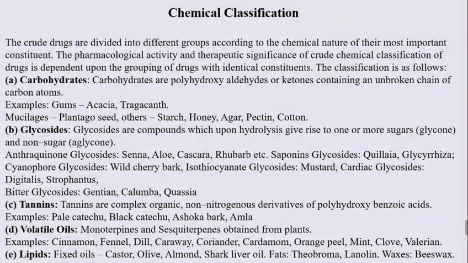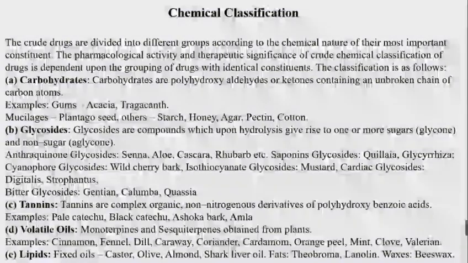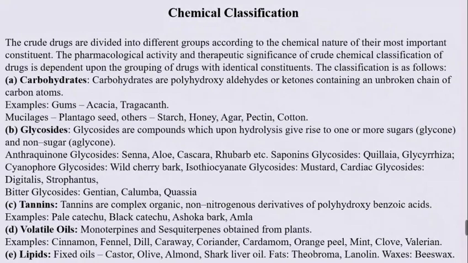We have different glycosides such as anthraquinone glycosides, examples are senna, aloe, cascara, rhubarb, etc. Next, saponin glycosides such as quillaja and glycyrrhiza. Then cyanophore glycosides, an example is wild cherry bark. Then isothiocyanate glycosides such as mustard.